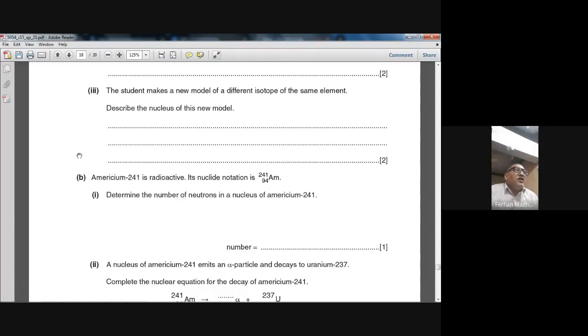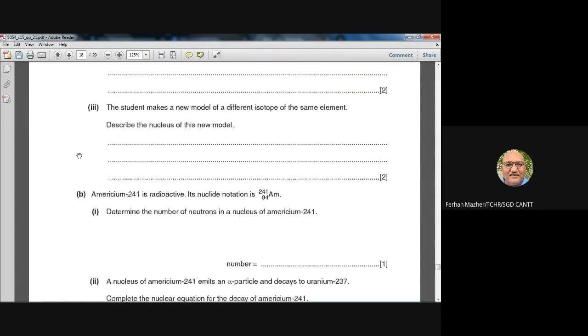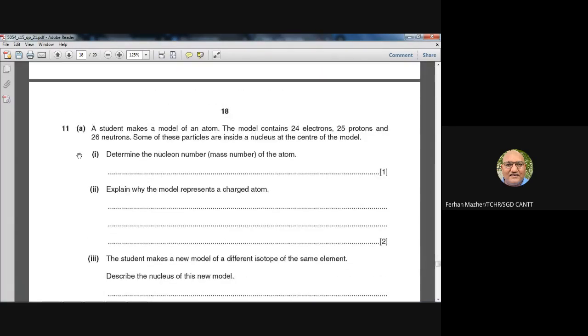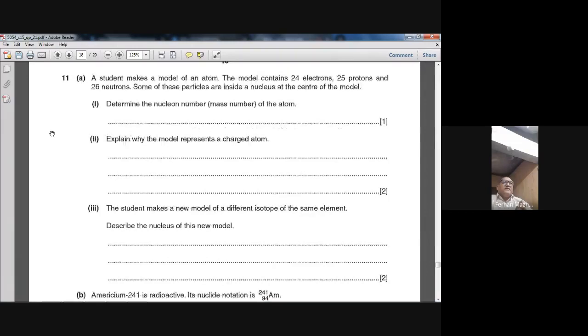The third part is: the student makes a new model of a different isotope of the same element. Describe the nucleus of this new model. Okay, the nucleus of this new model will have the same number of protons, but the number of neutrons will be different. Isotope means they have the same number of protons, but a different number of neutrons.